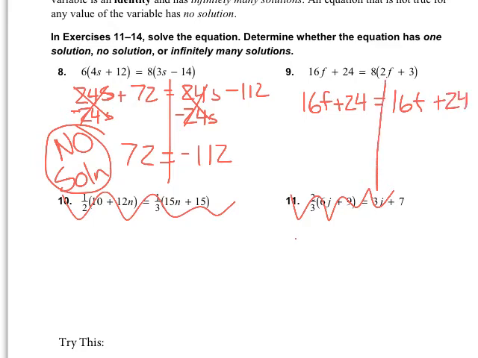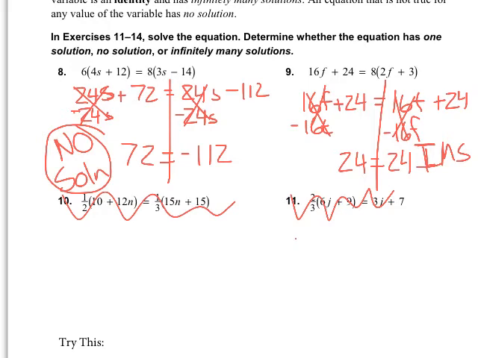And now I can go ahead and do my opposite. So I subtract 16f from both sides. So that's gone, and that's gone. I'm left with 24 equals 24. Is that true? Yes, it is. So this is called infinitely many solutions. You could also say all real numbers for that.